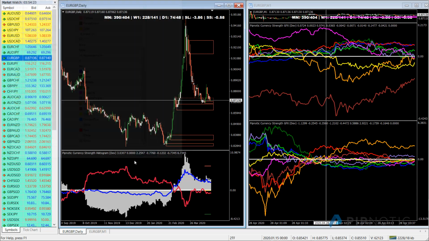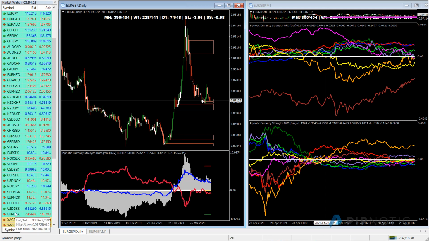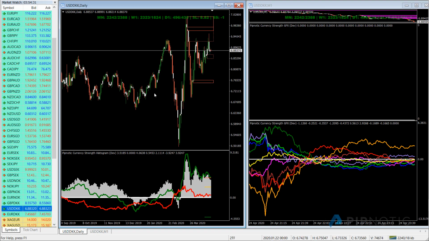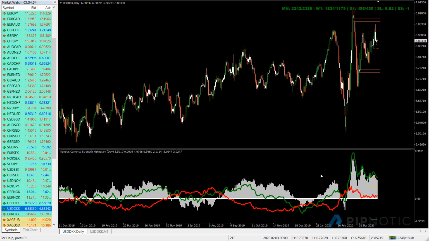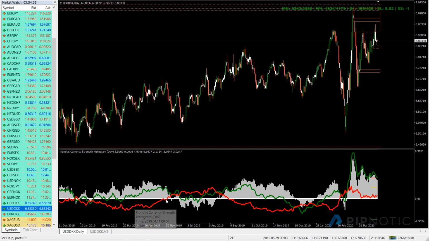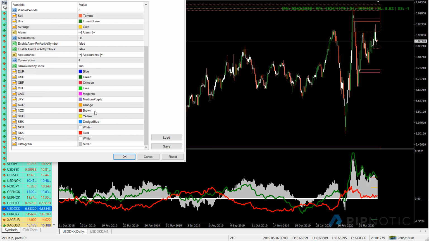This is nice because now we can have a look at the euro Danish kroner. It's a pretty uneventful pair. Let's have a look at the American dollar, Danish kroner, and here you can see Danish kroner, which is bright red. I've had to make some changes in the colors.